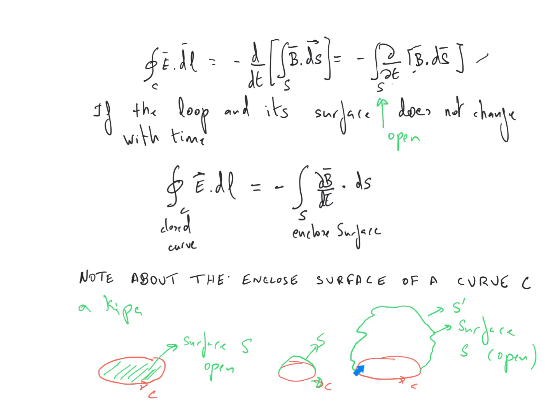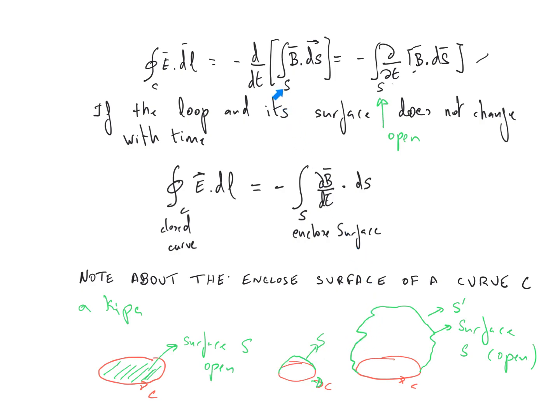Imagine, for example, your plastic garbage bag. You open it. This is the curve, the entrance of the bag, and this is the surface. So which one is this surface S? Is it this one, maybe a little distorted, or this one?